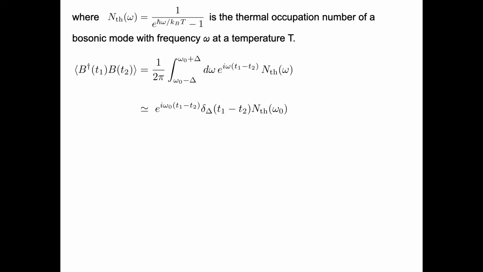So then we can put this in. We take out the overall frequency scale, which is still a fast oscillating term, and then what you get is simply an integral from minus delta to delta over this exponential. This gives me this effective delta function as a function of T1 minus T2.